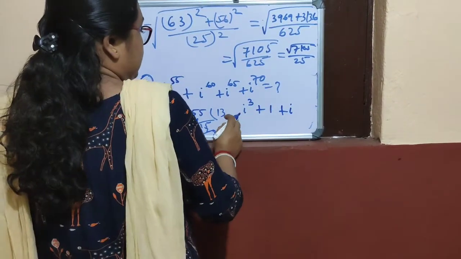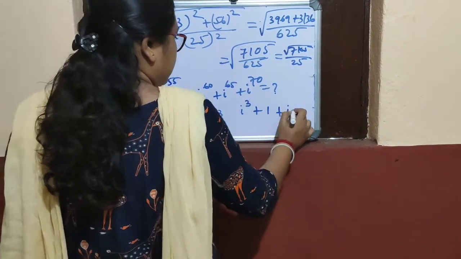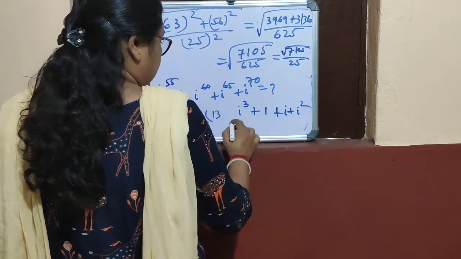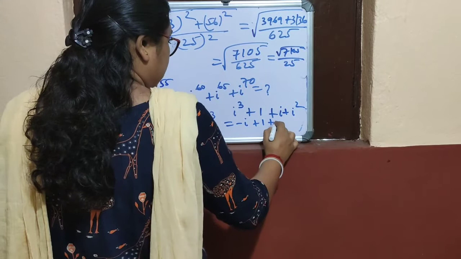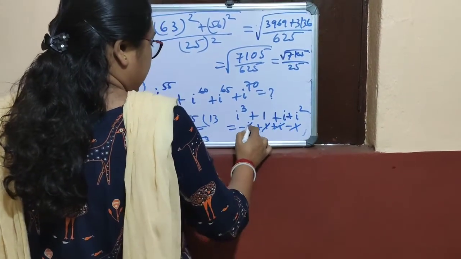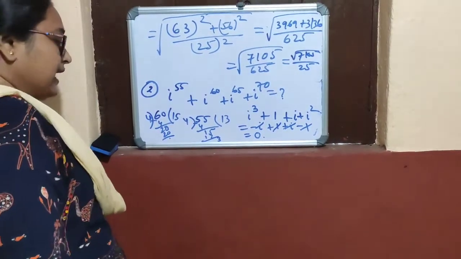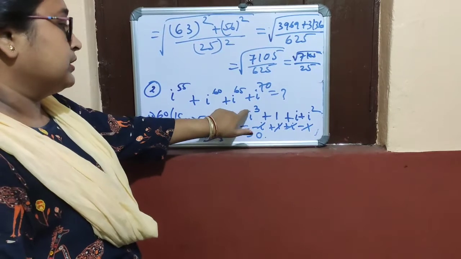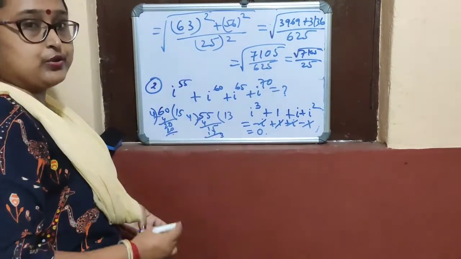And 70 is 68 and 2, which is equal to i square. i cube is minus i, plus 1, plus i, and i square is minus 1. The answer is 0. At first you divide by 4 and put the remainder in the upper part of i, and this is equal to 0.